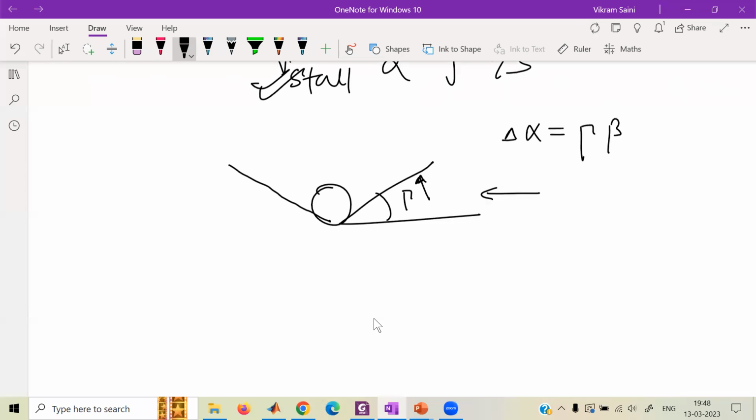Beta is the side slip angle, tau is this dihedral. Because there is an increase in angle of attack on the downgoing wing, you have extra lift on it, and you have a loss of lift on the other. Then the extra lift will generate a moment about the airplane x-axis and restore the roll. So that's how it works.